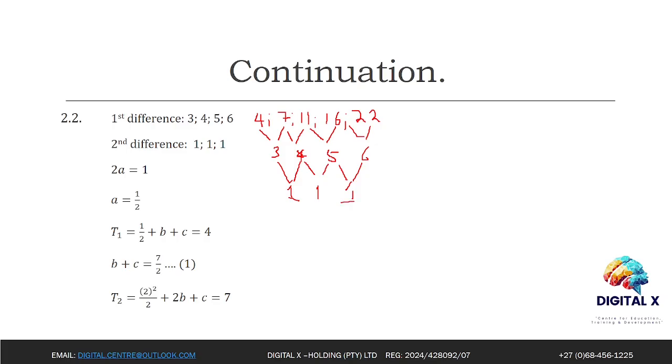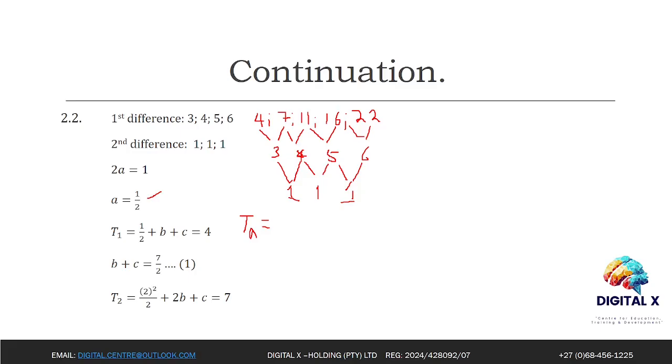So to find the value of a, we're just going to use our formula, which is 2a, and we equate it to 1, and the value of a becomes half. Now we substitute everything to find the general term.